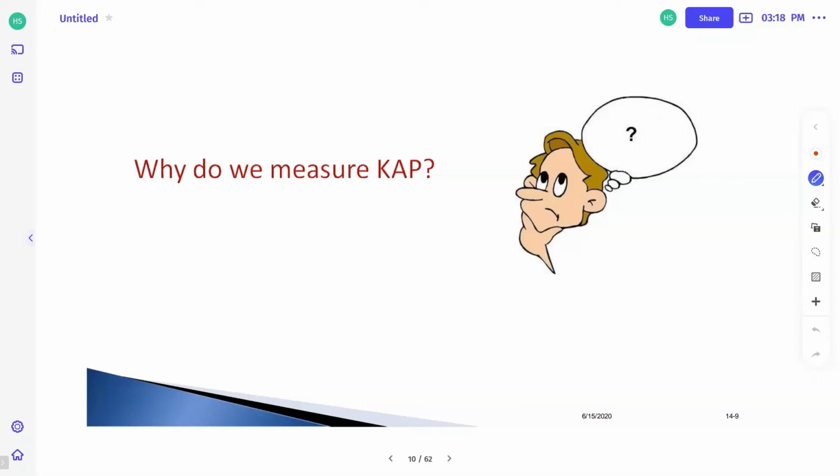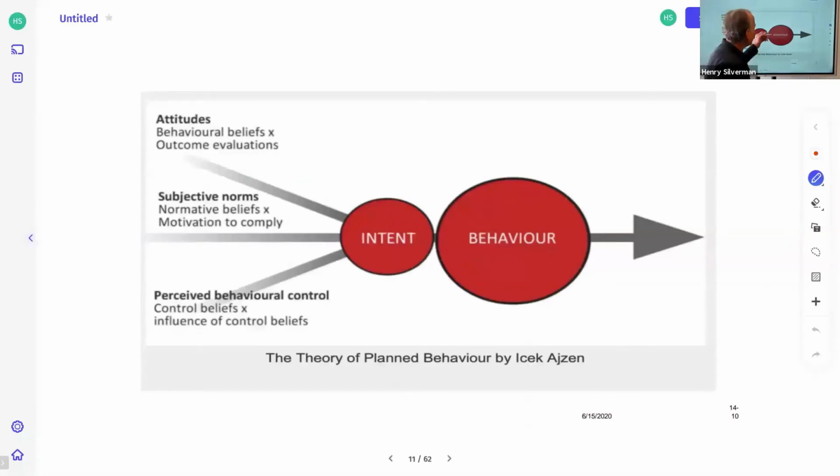So when we start measuring knowledge, attitudes, practices, the end goal here, most of the time, is we want to change behavior in order to promote a more healthy lifestyle.